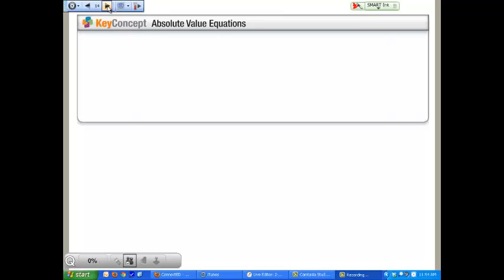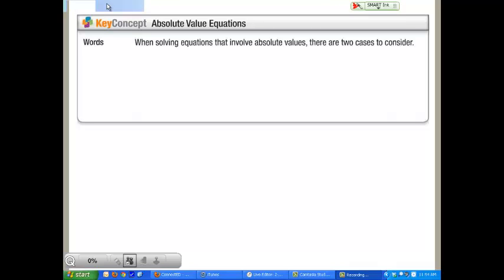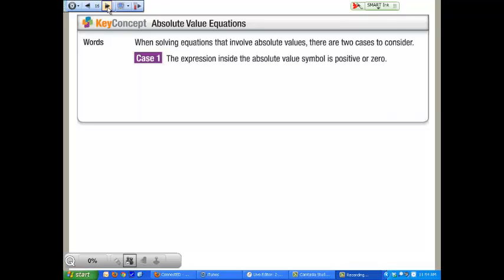Here are some key concepts to look at in absolute value equations. When solving equations that involve absolute values, there are 2 cases to consider. First, case 1, the expression inside the absolute value symbol is positive or 0.